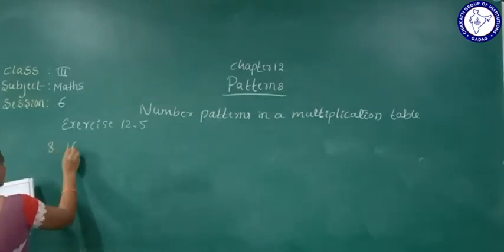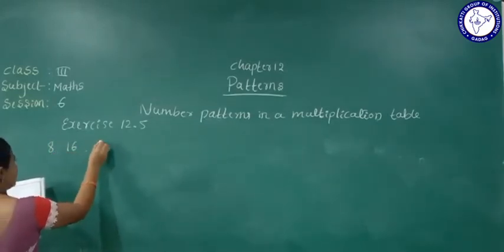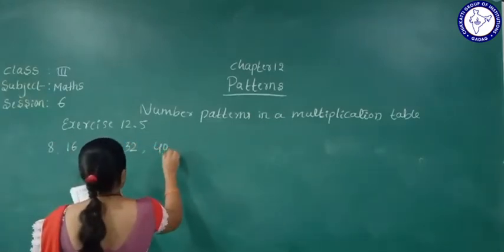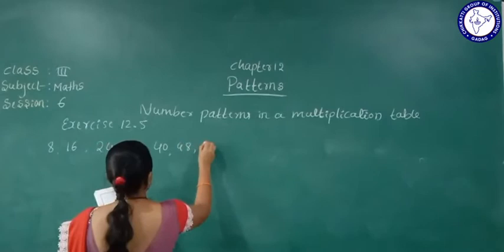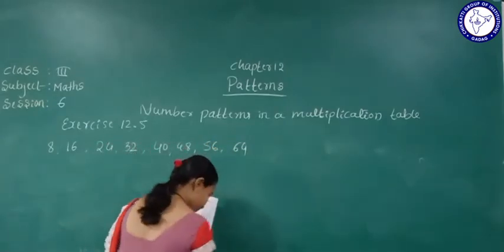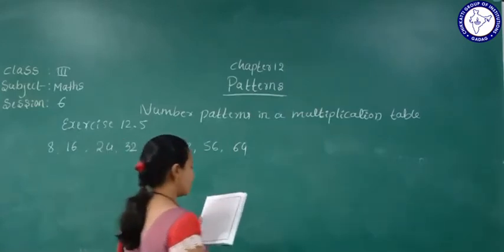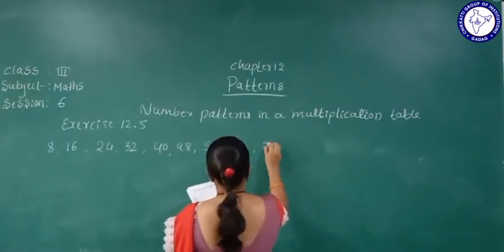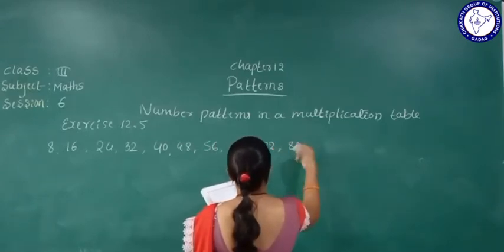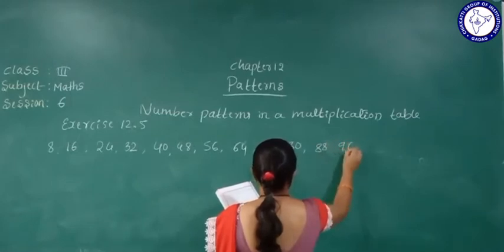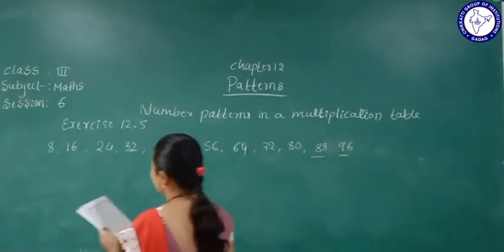Yes, so that is 8, 16, 24, 32, 40, 48, 56, then next 64, then next 72, 80, next 80 will add 8, 88, 96. Yes, so we can see it like this.